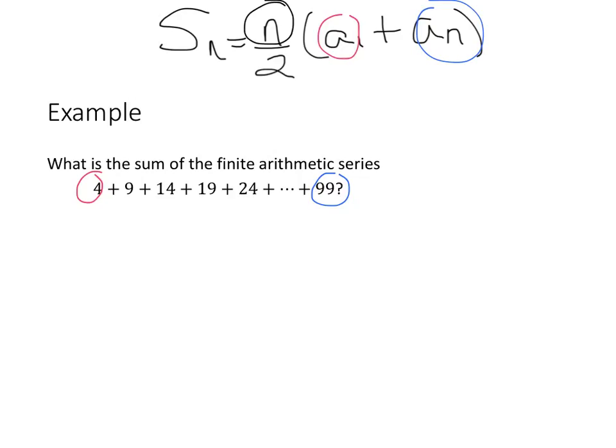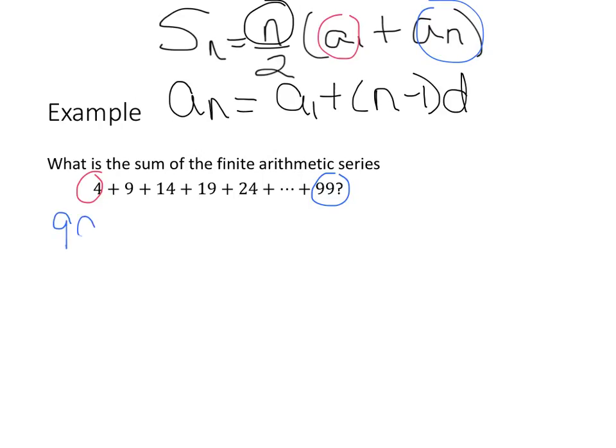So what we're going to do is use the arithmetic sequence formula, A_N equals A_1 plus N minus 1 times D, to find out how many numbers there are. We're just going to use the information we have to plug into that formula. So what I'm looking for is my A_N is 99, and I'm looking to see what position that number is.